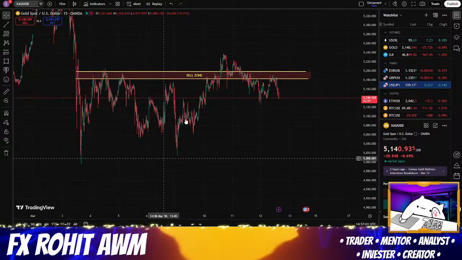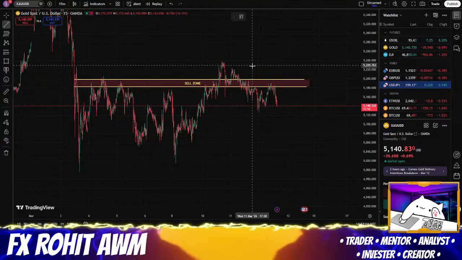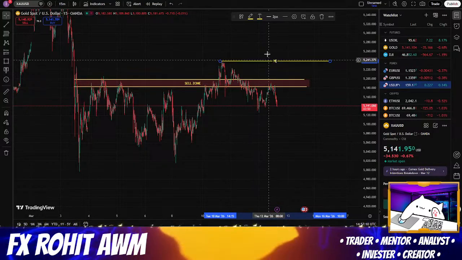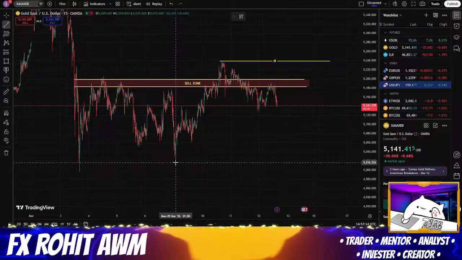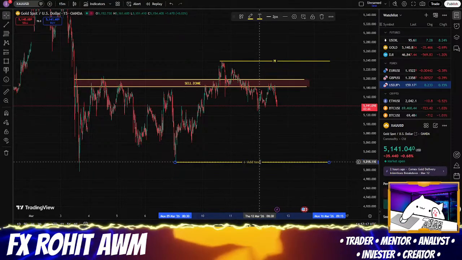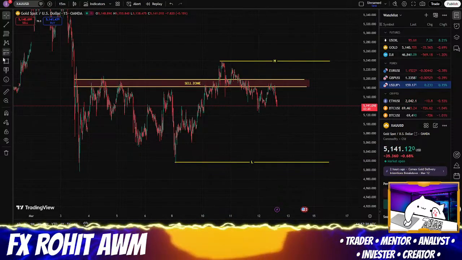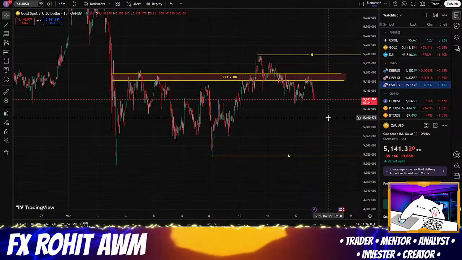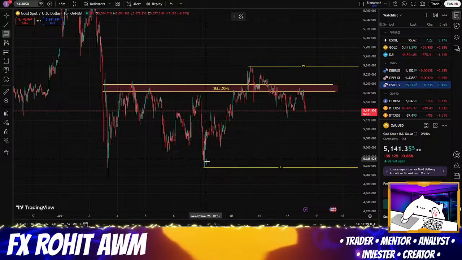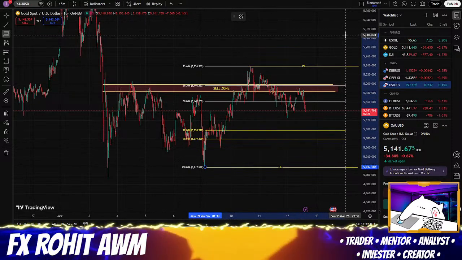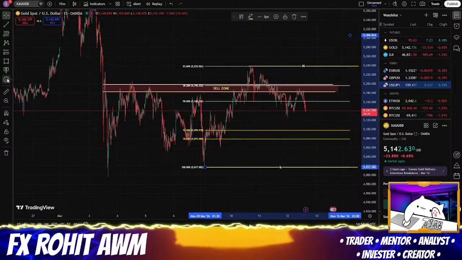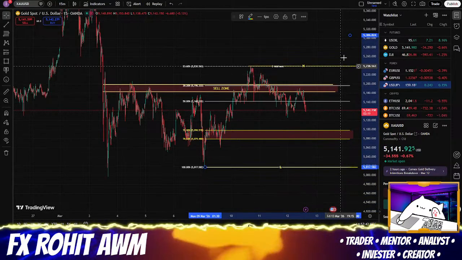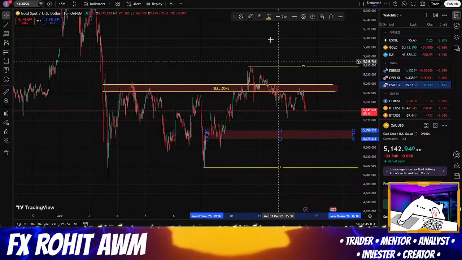So if we collect from this, because as per this market ratio, this is the H, and this is our L. So this is our buying zone.